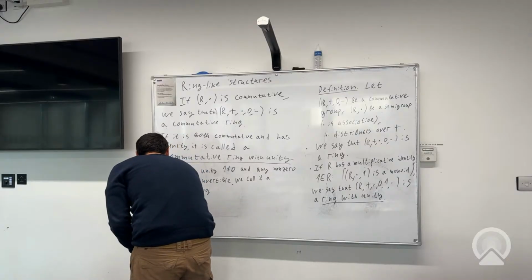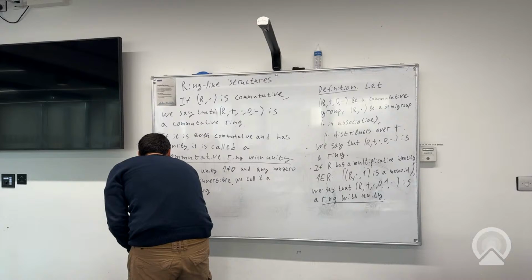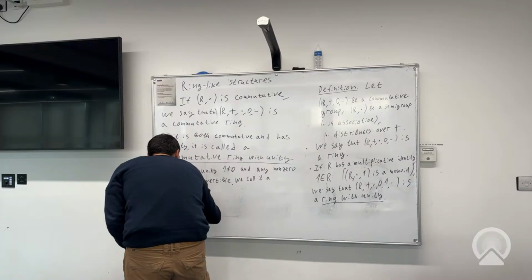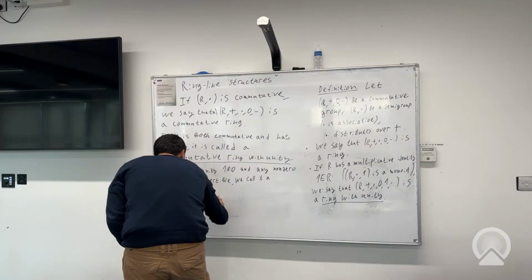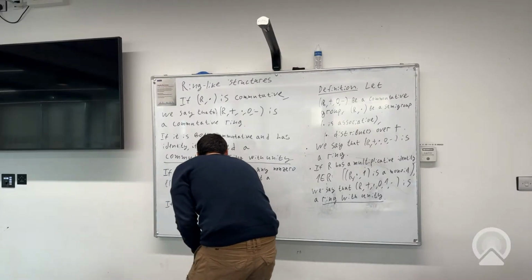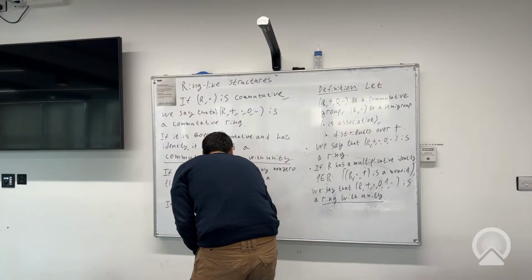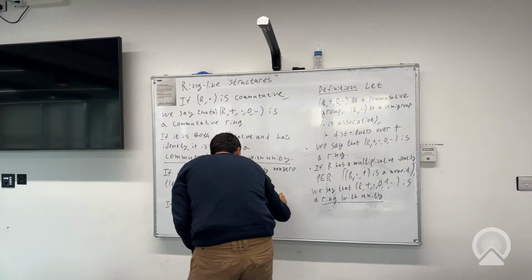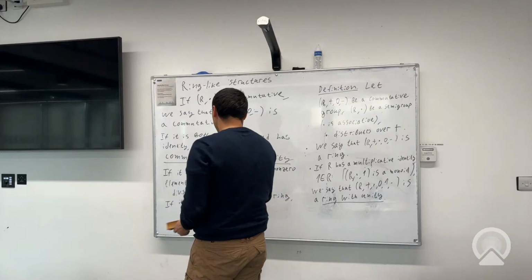And if it is a commutative division ring, we call it a field.